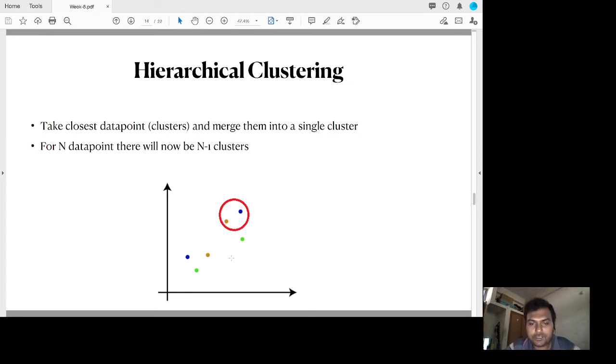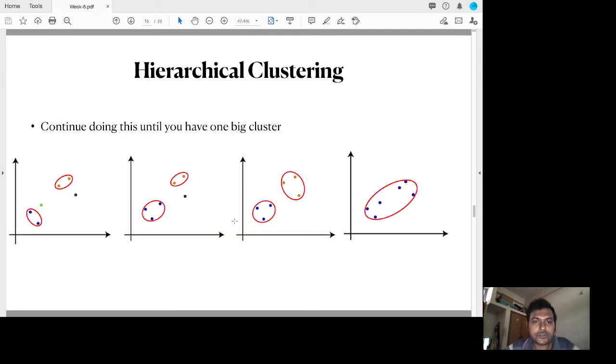After merging, if you see here the red circle, because of this red circle there is now one cluster and the remaining clusters are as they were. So there will be n minus 1 clusters. Initially there were 6 clusters, now there are 5. Now we'll continue doing this. Again we compute the distances between clusters.